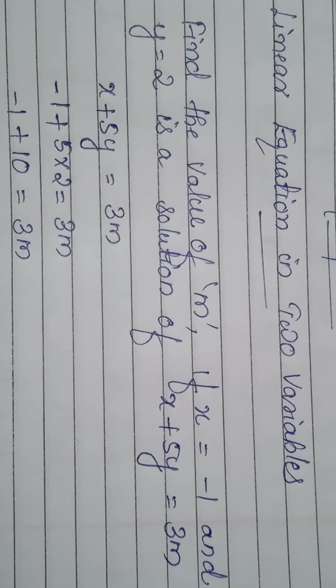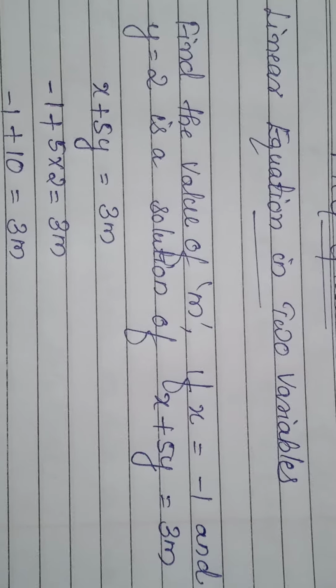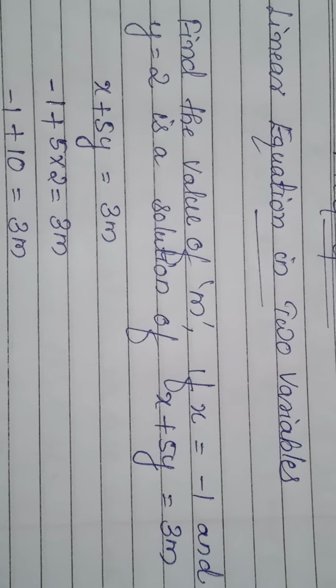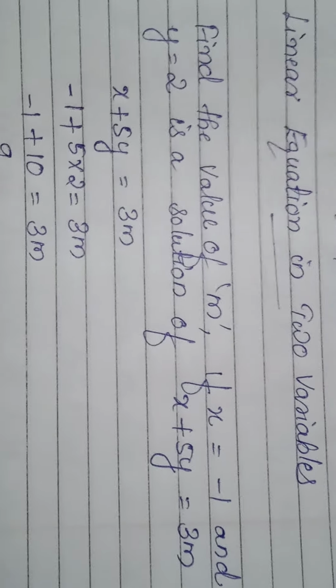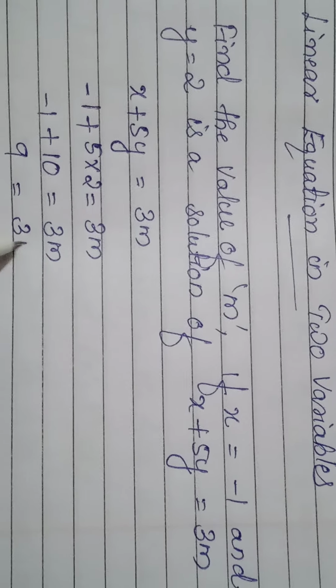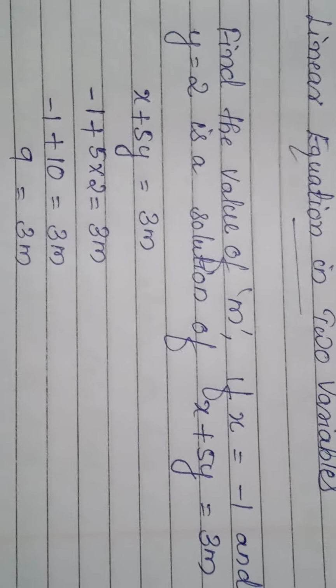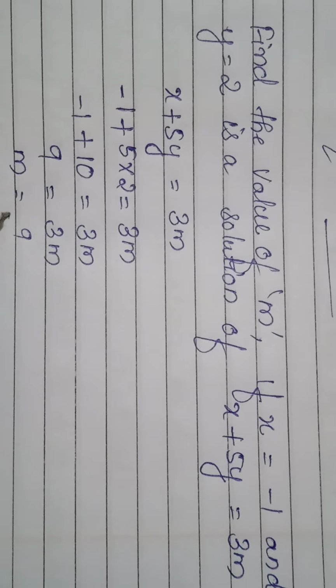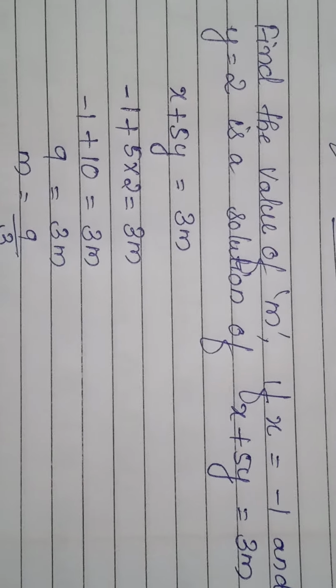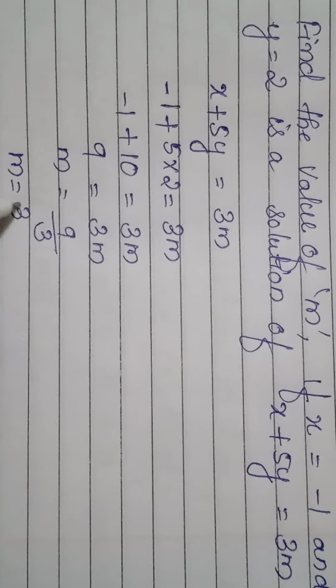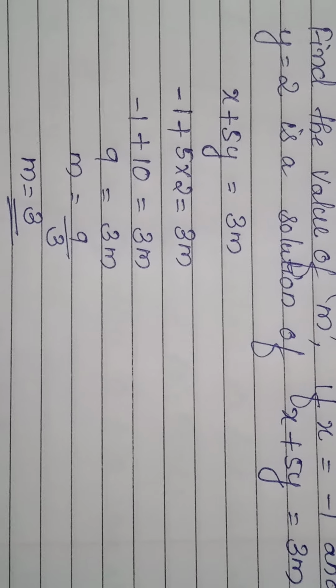One negative and one positive on addition, we will subtract and put the bigger number's sign. So 9 equals 3m. Then we should find the value of m. So m equals 9 divided by 3. So m equals 3. This is the value of m.